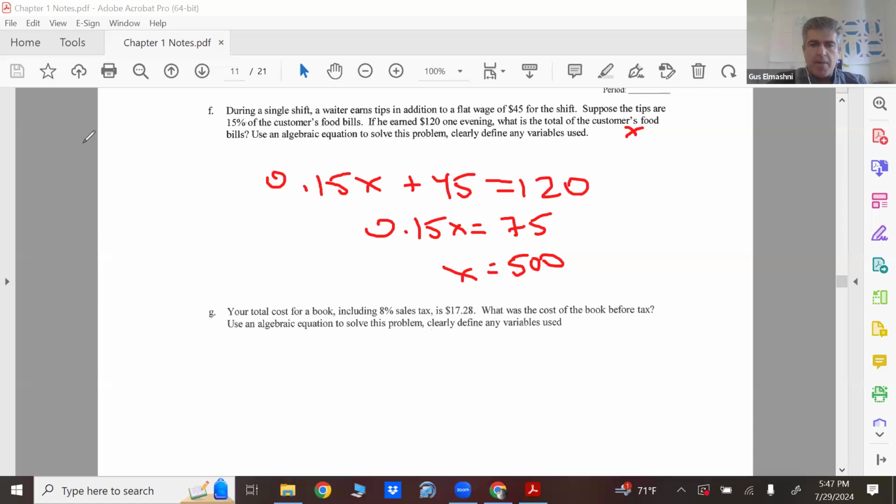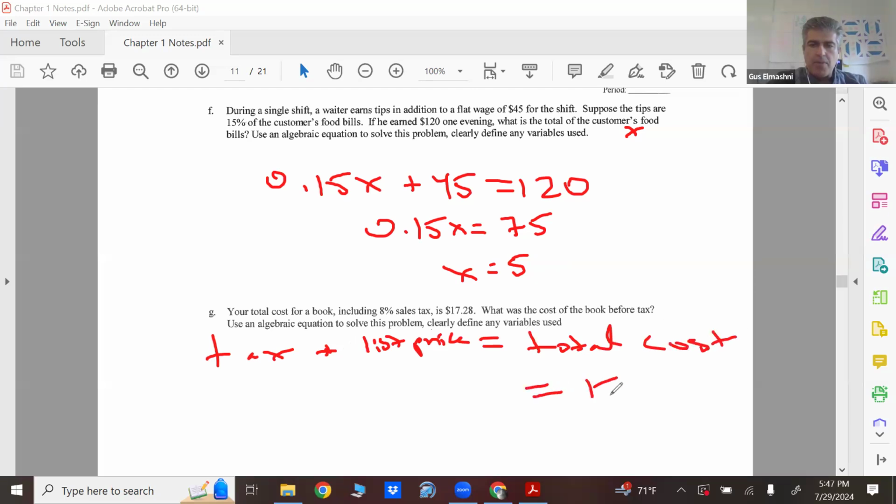Here's another one. The total cost for a book, including 8% sales tax, is $17.28. So the tax plus the list price of the book has to equal the total you pay. Your total pay is $17.28. The list price, we don't know.